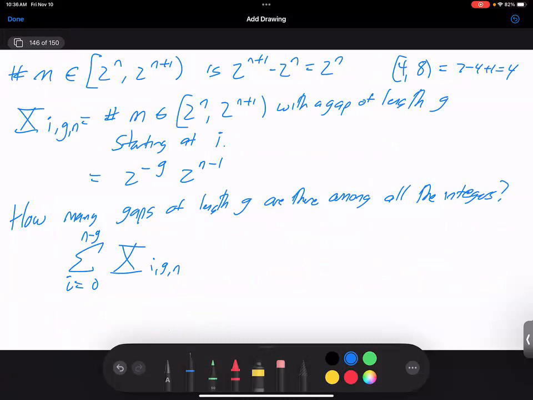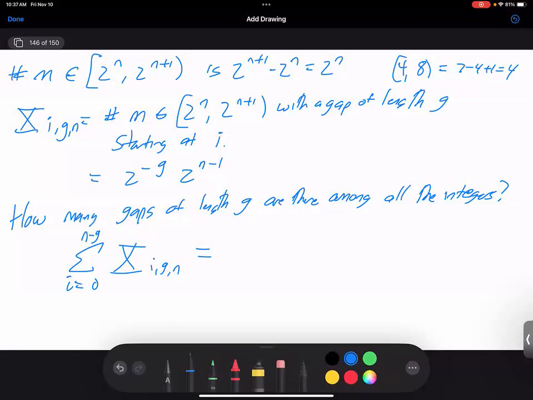Is this clear? If this is not clear, please speak up. Does this make sense? What's nice is, notice that the number of times we have a gap of length g starting at i is independent of i. It just depends on g.